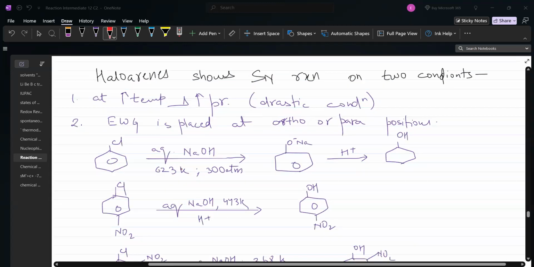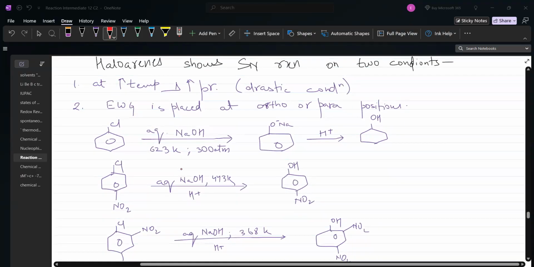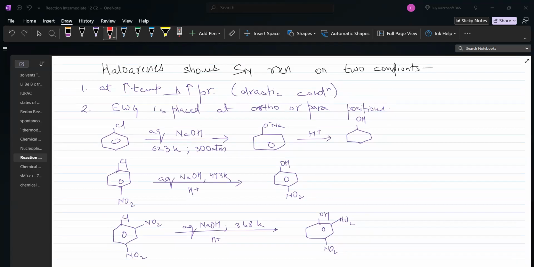Yes, sir. Siddhika? Please note this down. Written the two steps?